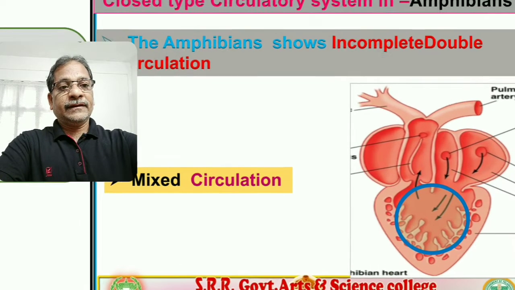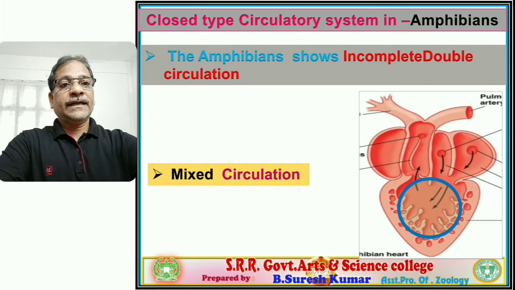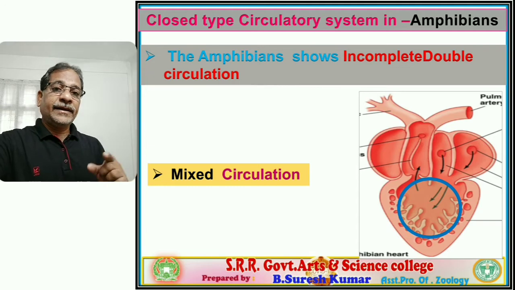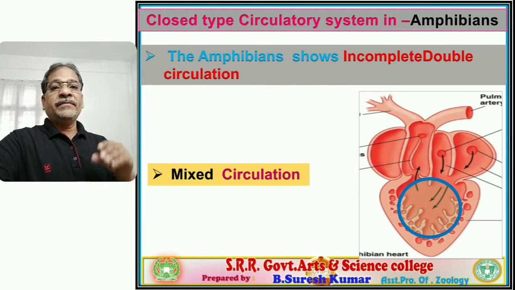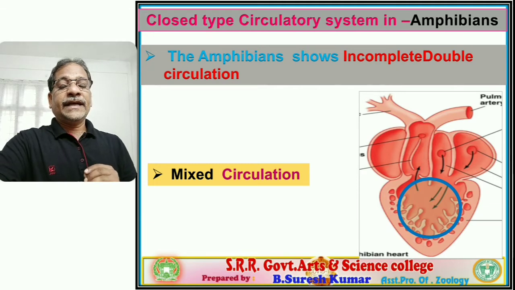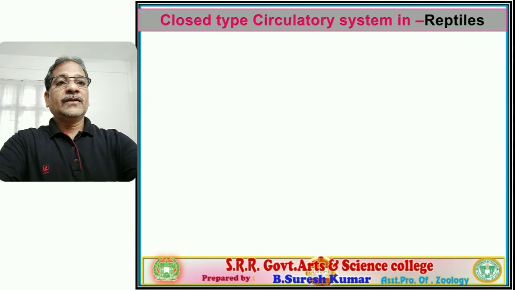You verify this visual. Result of that, what happens? Both oxygenated and deoxygenated blood are going to mix in the ventricle of the heart. Hence, it is called mixed circulation. Followed? So, in amphibians, we found mixed circulation.